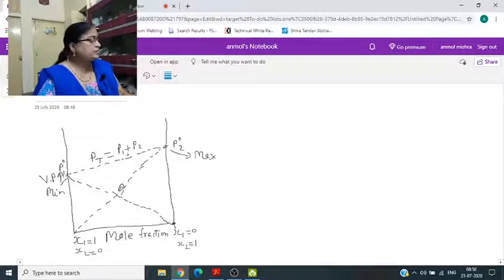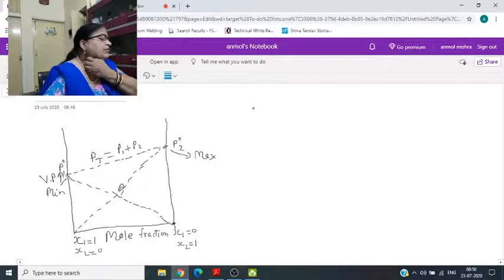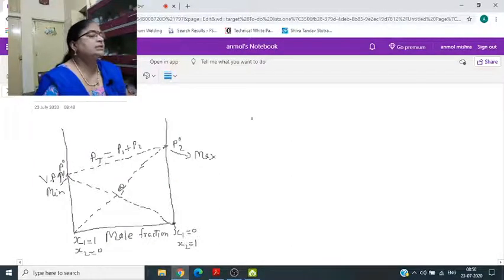Now when we want to find out the vapor pressure or the total pressure in the vapor phase, from the graph only we can calculate this. P1 is equal to Y1 into P total.